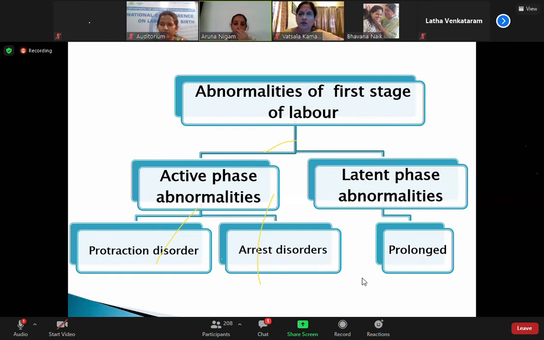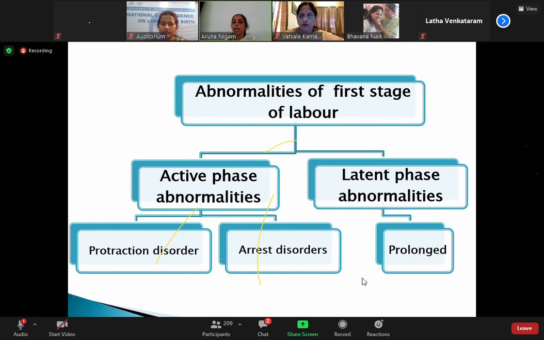I tried to find that notice, but I couldn't get it. But still we don't have anything in the WHO. WHO says 5 centimeters. So we have protraction. Protraction means slowly progressing. Arrest means there is no progress.